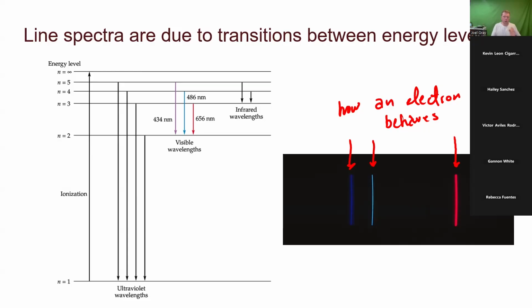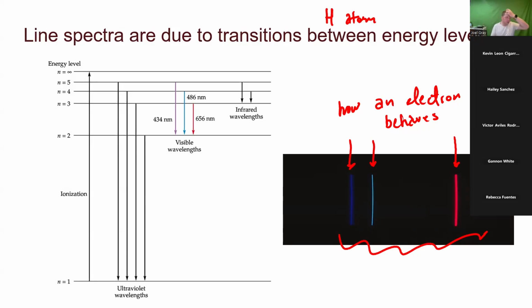So, what I want you to think about here is this is a hydrogen atom and the behavior of a hydrogen atom's single electron. This reflects how the electron behaved. But the question is, well, what motivated it or what caused it to behave in that way?